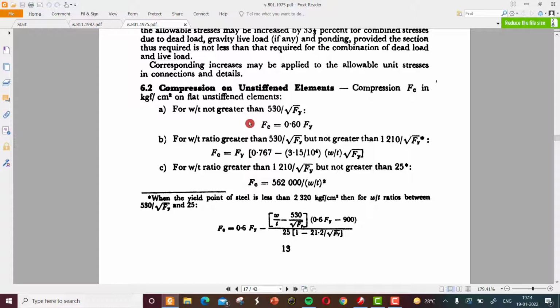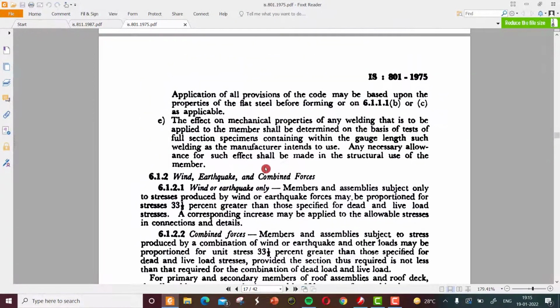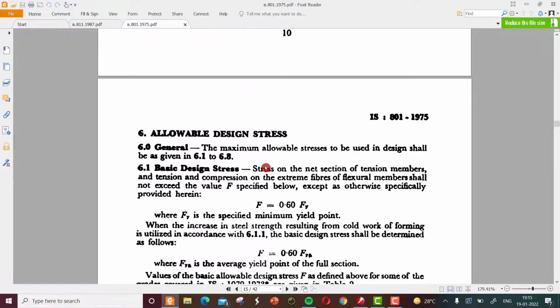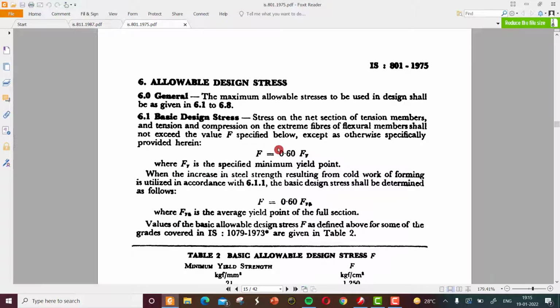And also this 6.2 gives the compression on unstiffened elements, different criteria for W by T not greater than, so this FC is actually the allowable design stress.